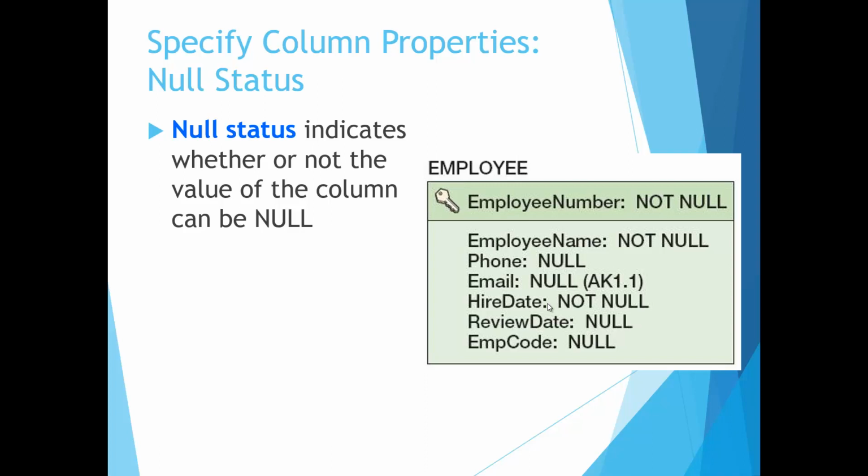In the example here, you can see that employee name will be enforced to be completed, while employee phone can be left blank. Employee name not null, phone can be null, email can be null, and so on.